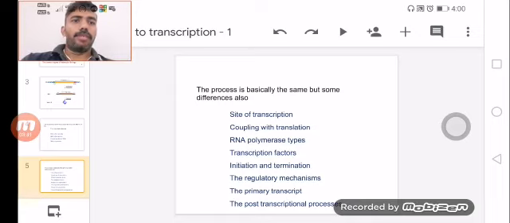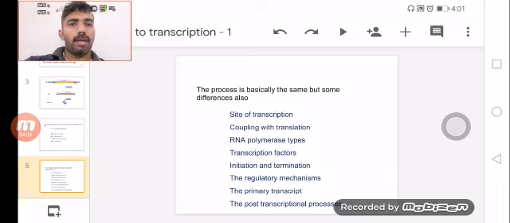We'll be focusing on the differences between prokaryotes and eukaryotes. The most important difference is the site of transcription, which is not the same in prokaryotes and eukaryotes. In bacteria, the site of transcription is the cytoplasm, as all of us know that there is no nucleus or any membrane-bound structures inside.